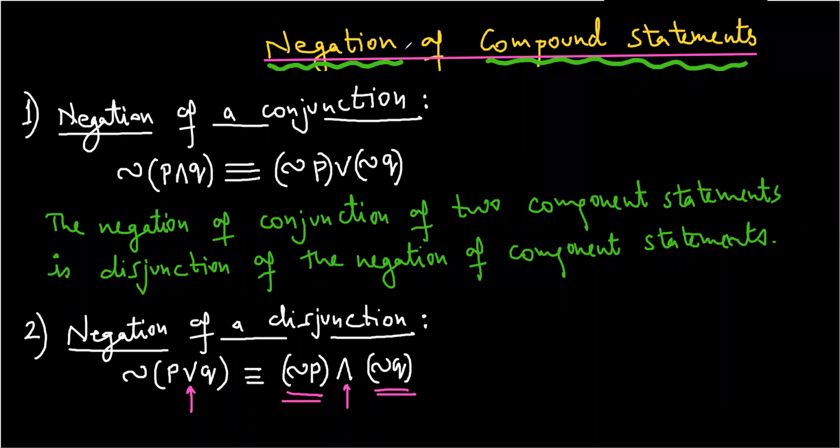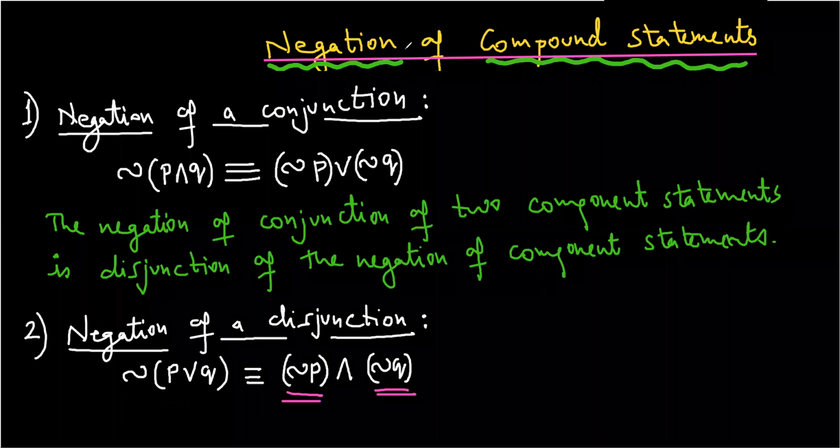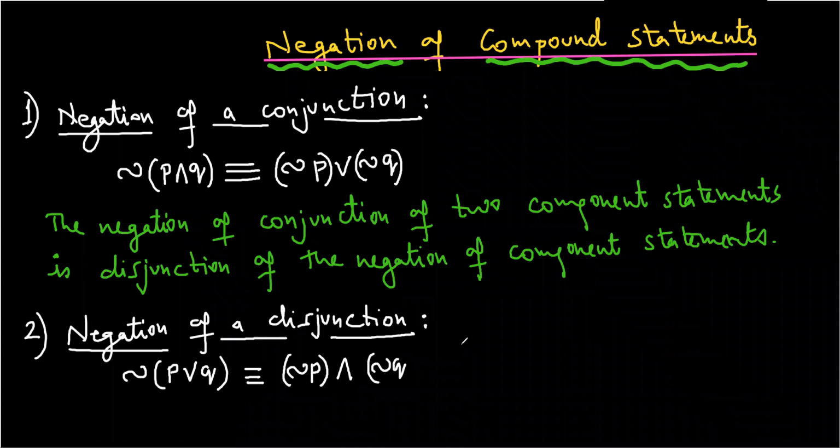So if I want to write the law for the negation of a disjunction, how would the law go? The law will be as follows.